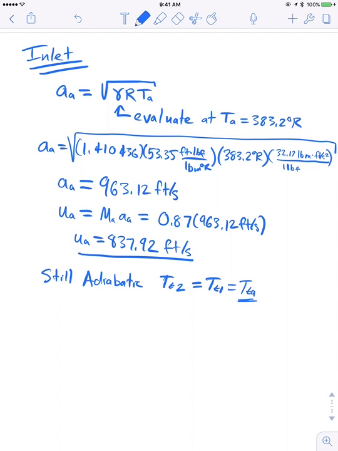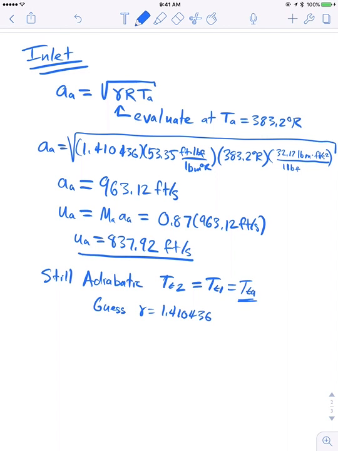Our problem is we will have to just guess a value of gamma to get started with, because we don't know what the actual total temperature is going to be. So we're just going to guess that gamma is equal to 1.410436. We'll evaluate our total temperatures and have to come back and perhaps update that guess.